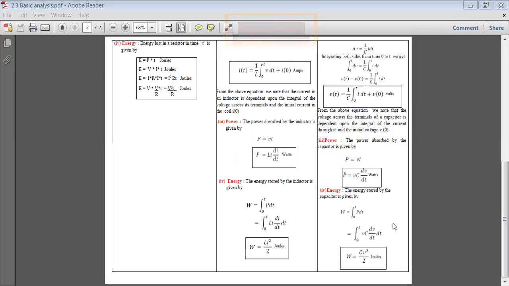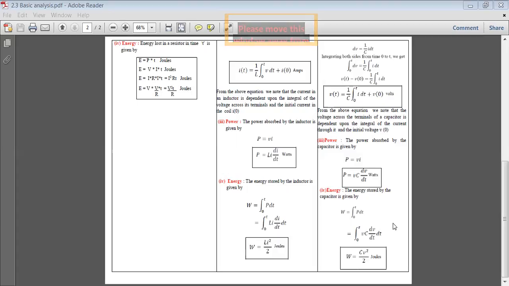Integrating both sides from time 0 to t, we get integral 0 to t dV is equal to 1 by C integral 0 to t I of t dt. V of t minus V of 0 is equal to 1 by C integral 0 to t I of t dt.